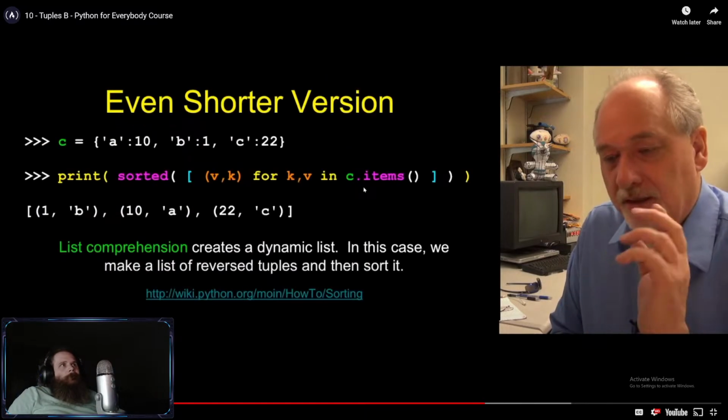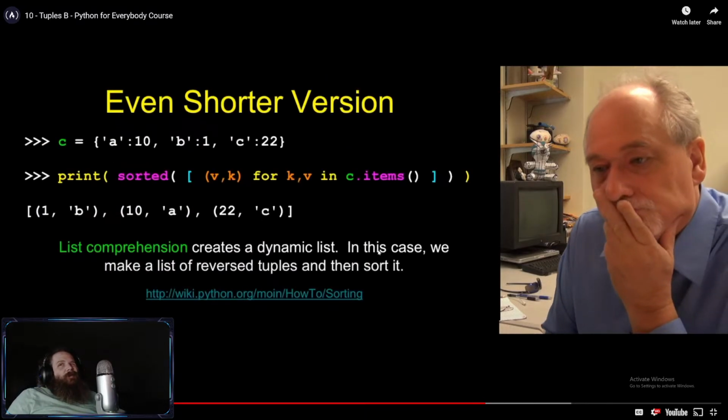Interesting. Okay, so I wonder what would happen if you didn't flip it. Would it give me a traceback? c equals data, print sorted, (v, k) for k, v in c.items().